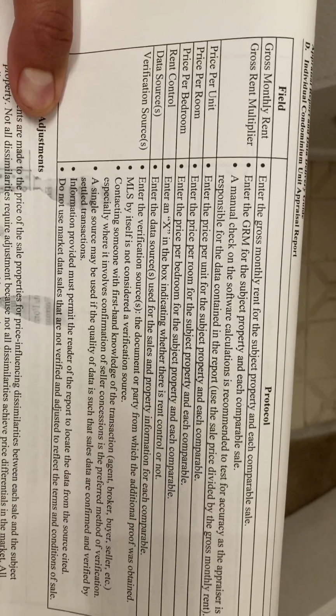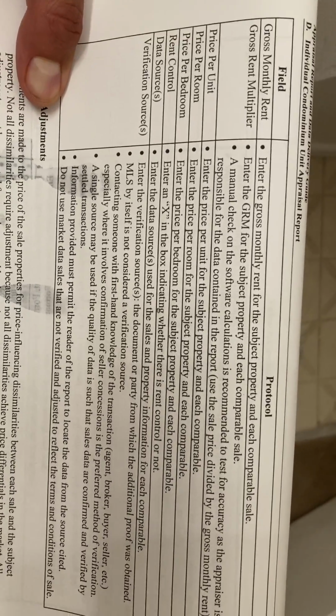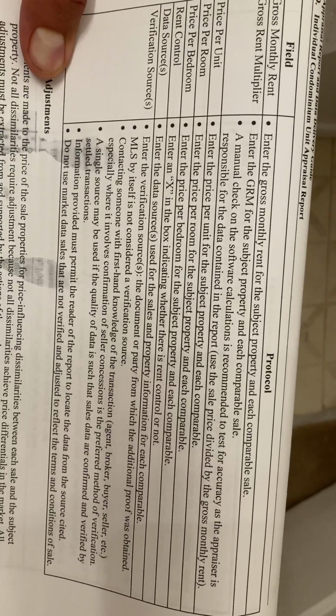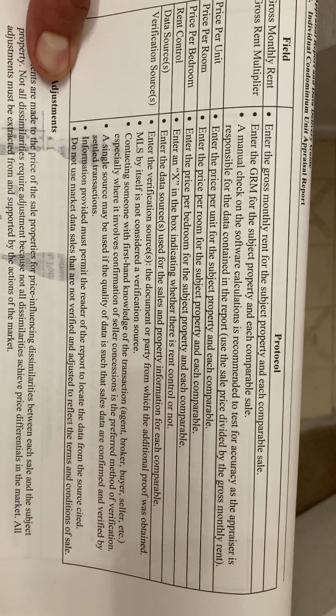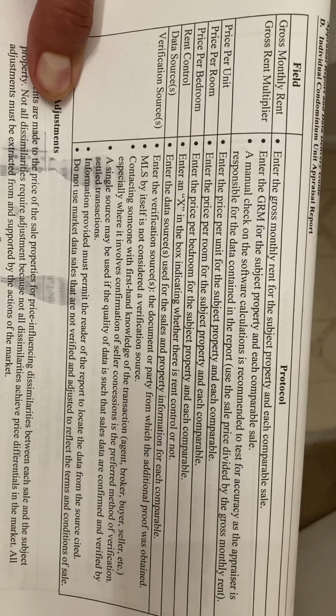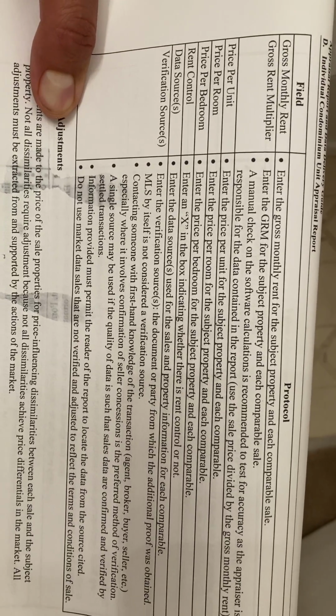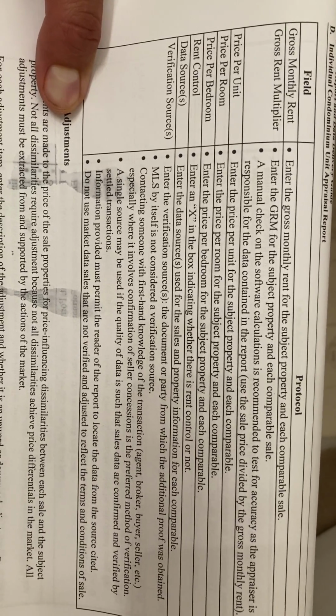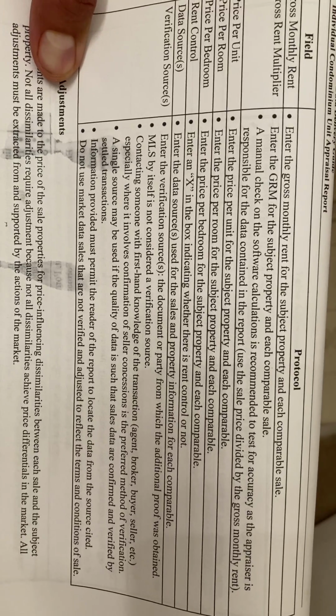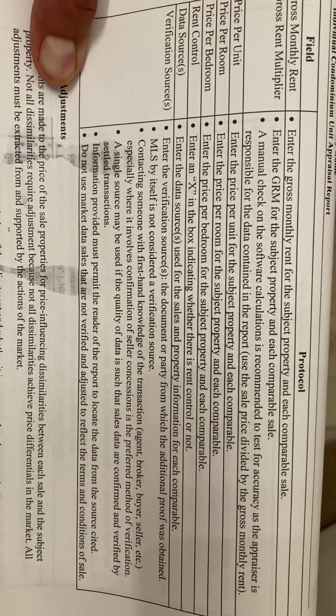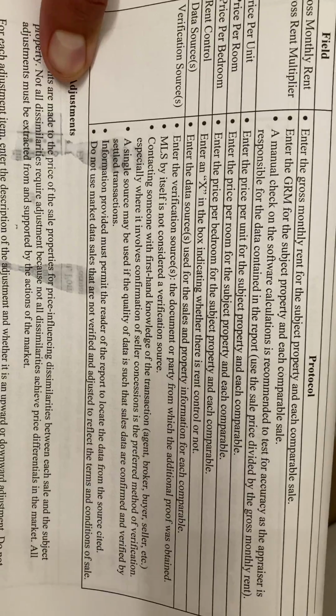Field. Gross monthly rent. Protocol. Enter the gross monthly rent for the subject property and each comparable sale. Field. Gross rent multiplier. Protocol. Enter the GRM for the subject property and each comparable sale.